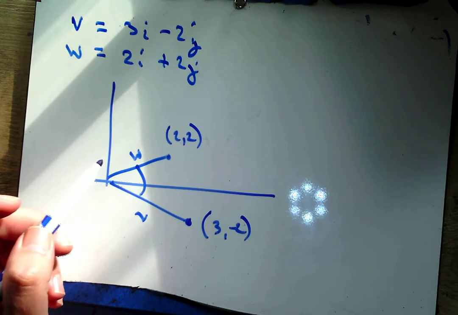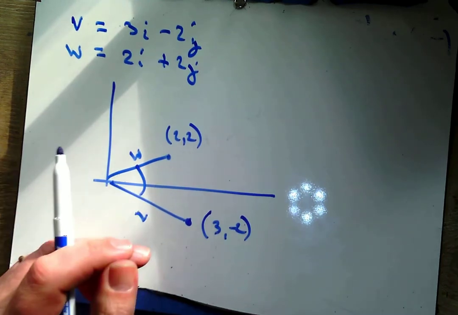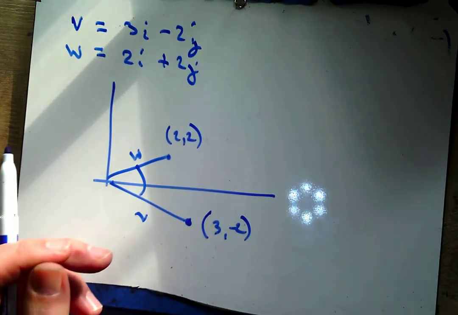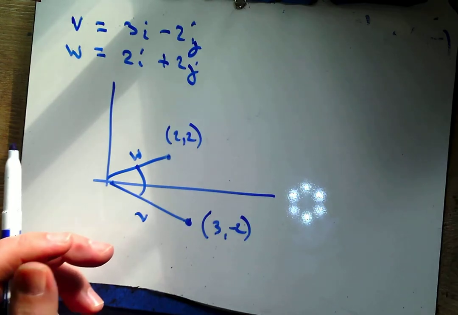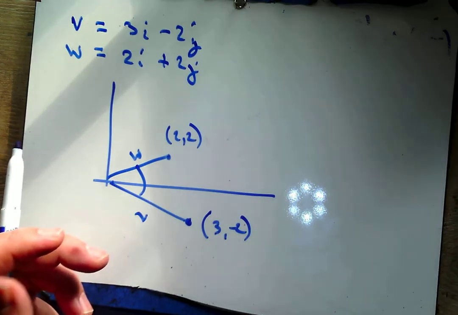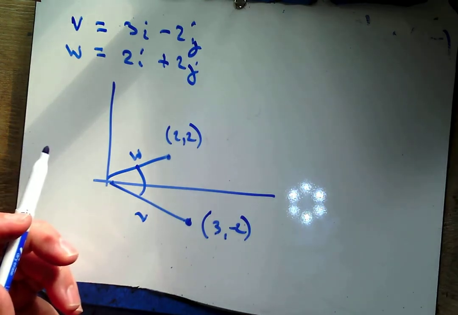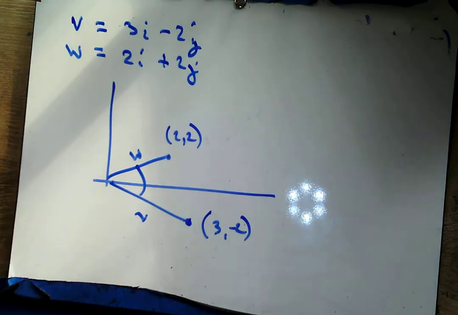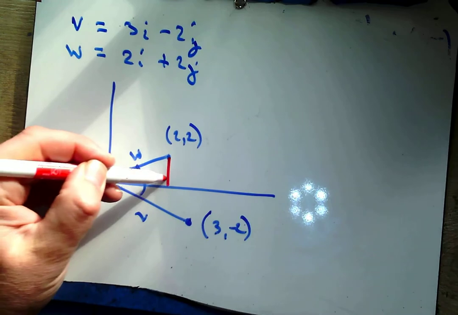There's a bunch of different ways to do this problem. For a long time, I used to think it would be nifty for me to use the law of cosines here. But recently, the students seem to prefer doing this.